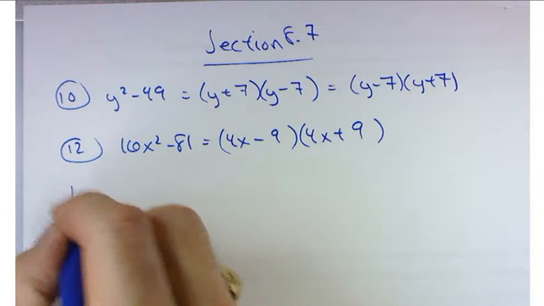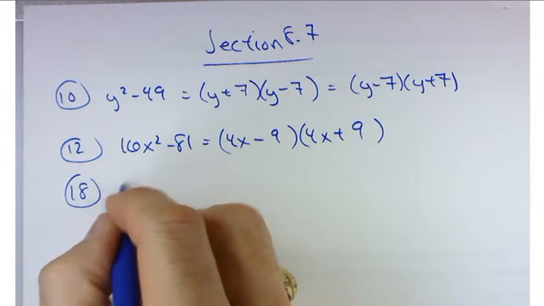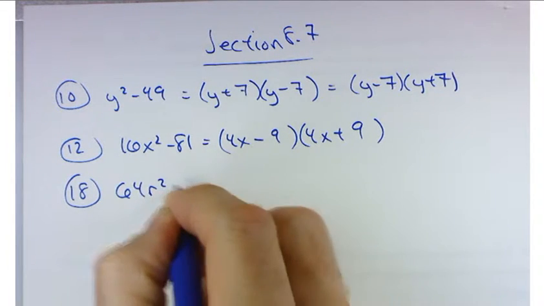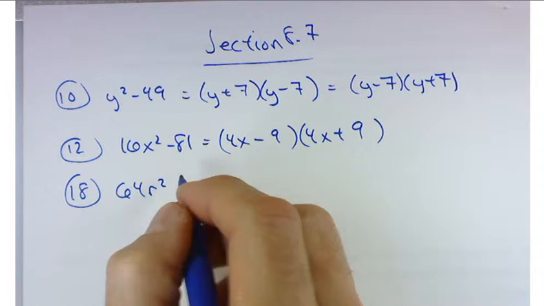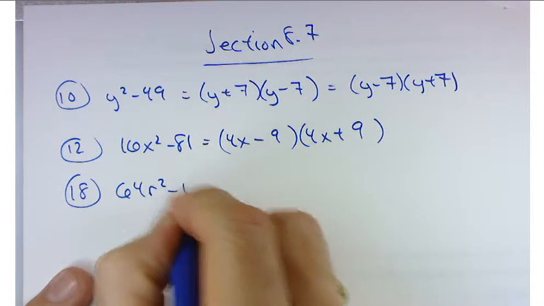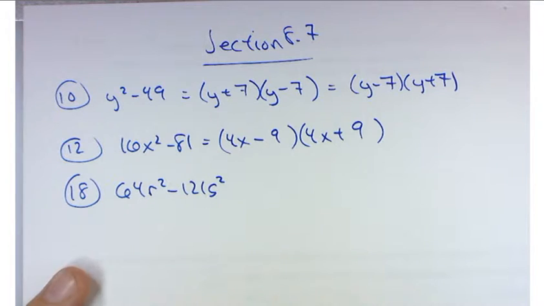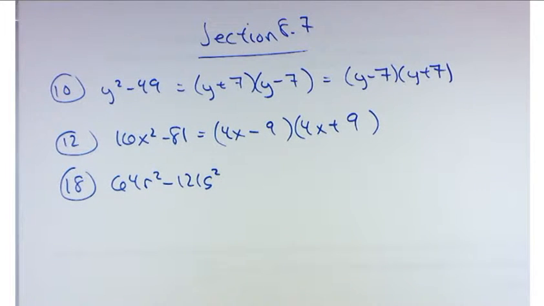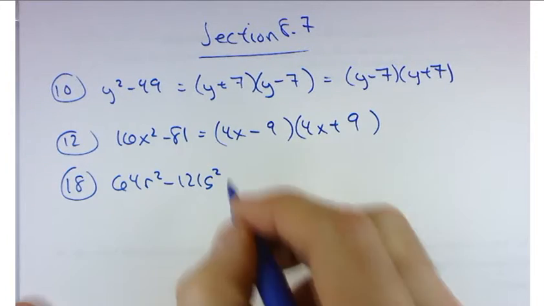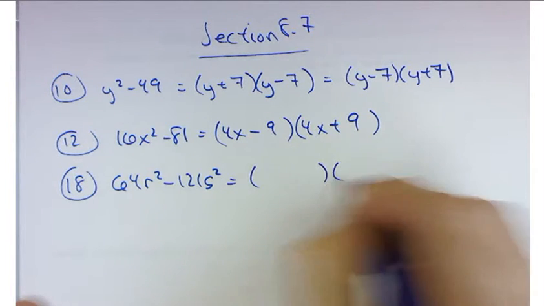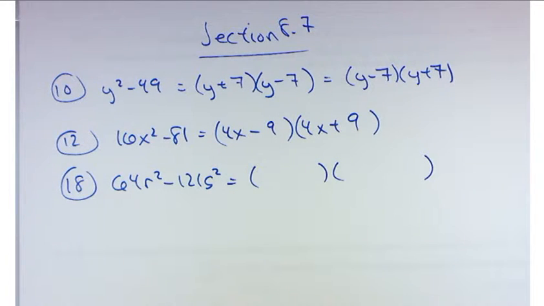Let's keep going with problem number 18. 64r squared minus 121s squared. Is there a GCF?